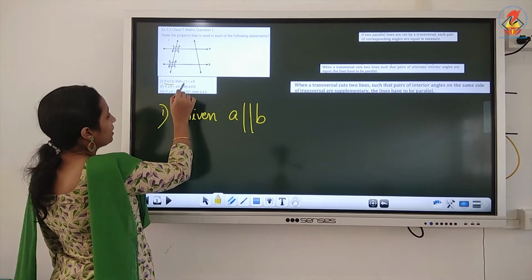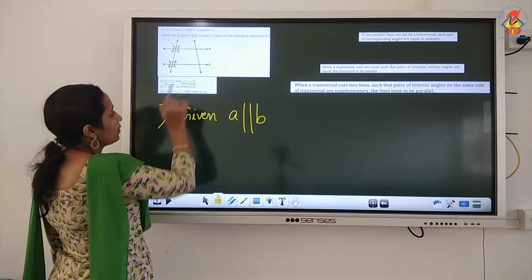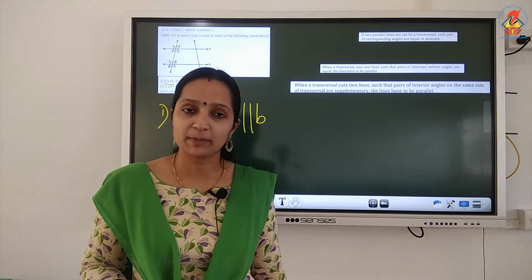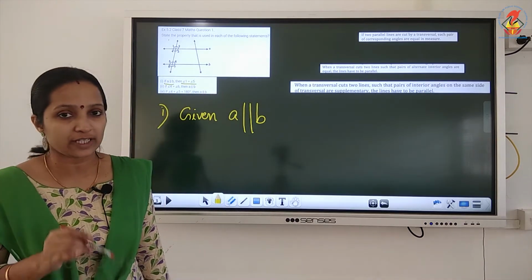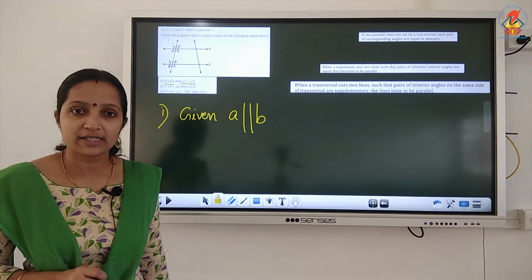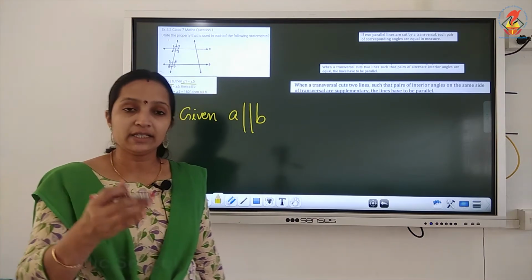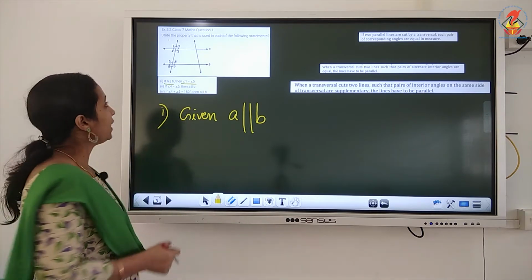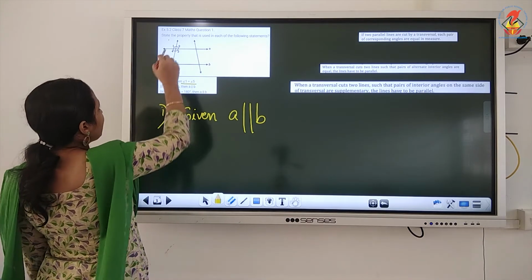Then what is asked is whether angle 1 is equal to angle 5. What all things did we learn? If two lines are parallel, each pair of corresponding angles is equal, each pair of alternate interior angles is equal, and interior angles on the same side of the transversal are supplementary. Which are the corresponding angles here?